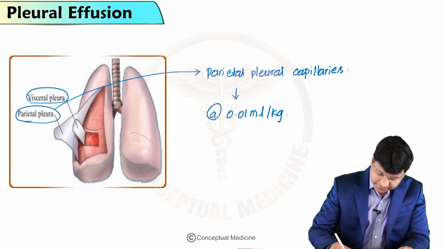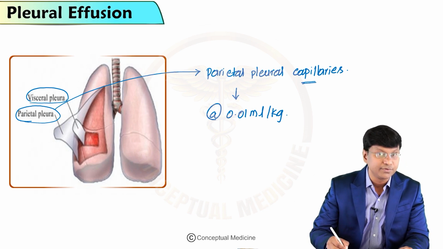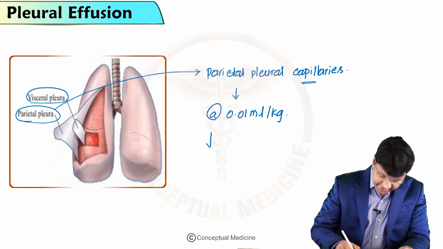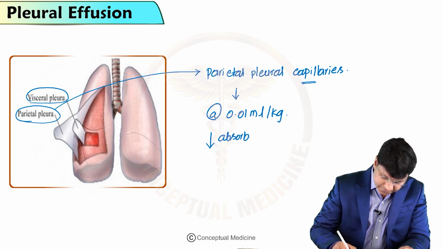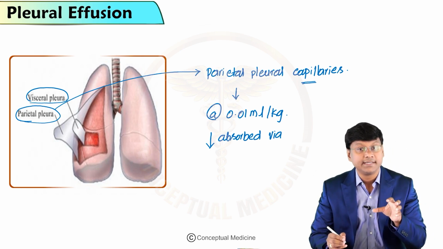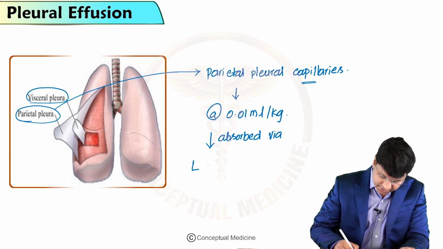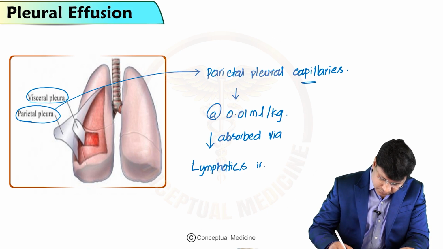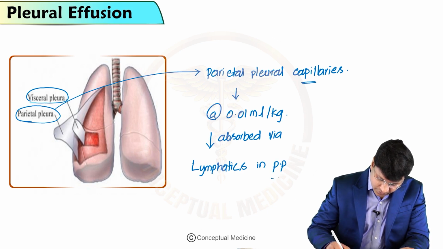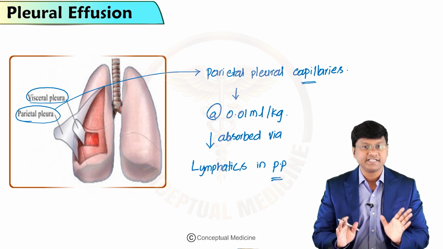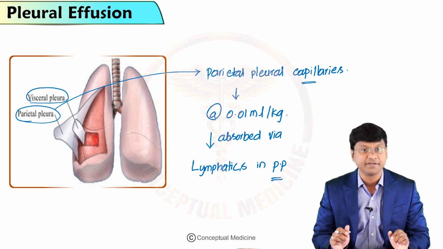So the fluid enters via the parietal pleural capillaries and is absorbed via the lymphatics present within the parietal pleura. This is the basic physiology of where the fluid is coming from.